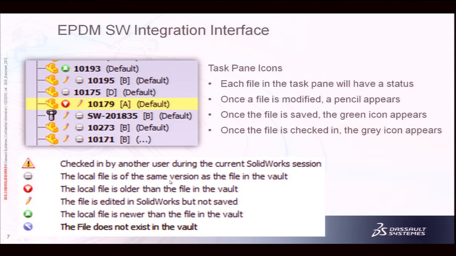If someone's working on one of the other parts and they save it to the vault, does it notify this window that it's been changed, or do you have to check out the assembly first in order to find out that the part's been changed? So what you end up getting is basically two messages.